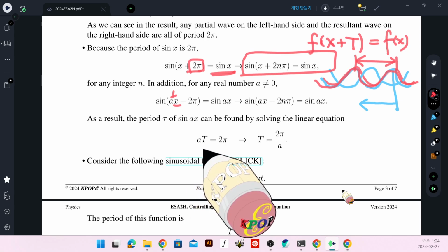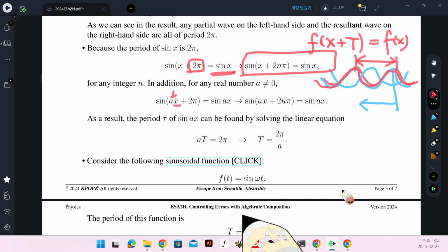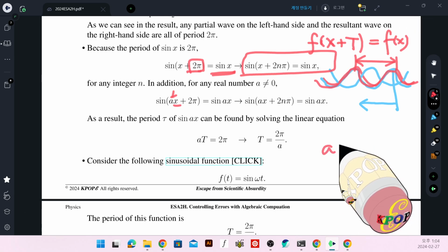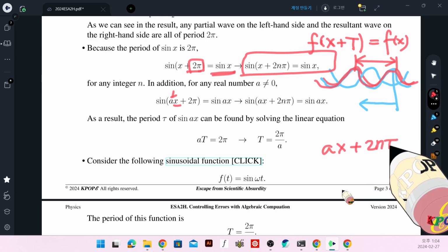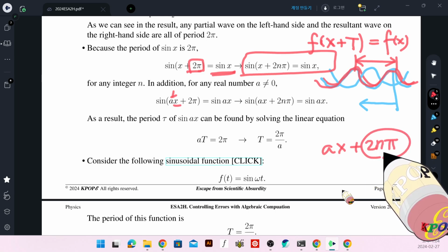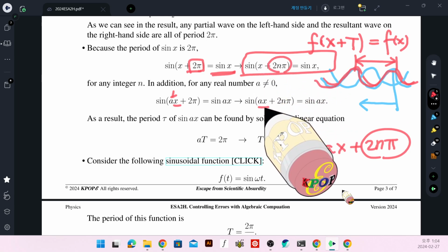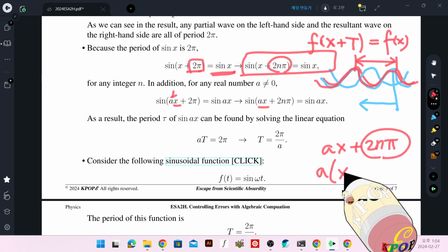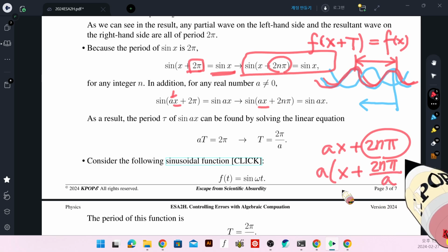A times this shifted amount should be 2 pi. Okay, why? ax plus the 2n pi. This 2n pi is the same for x and for ax together. However, if I factor this a out, it is x plus 2n pi over a.